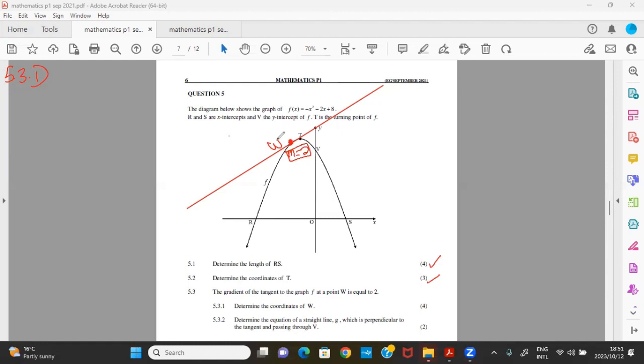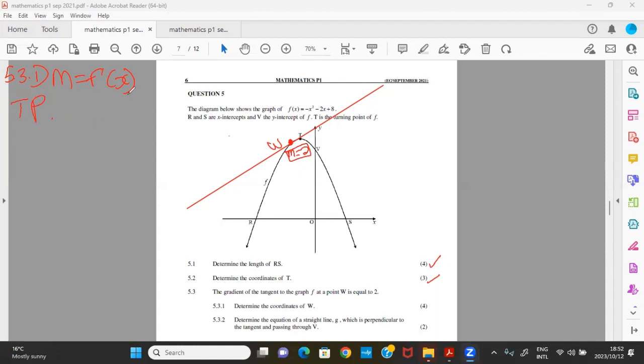And another thing, my gradient, which is m, is my first derivative. That's why when we are looking for a turning point, we say your first derivative is equal to 0. So basically, we mean that at my turning point, my gradient is 0.